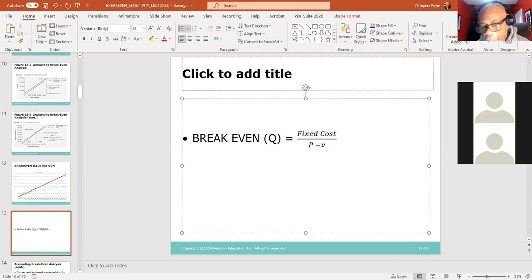So in this particular problem, we can solve this very easily.